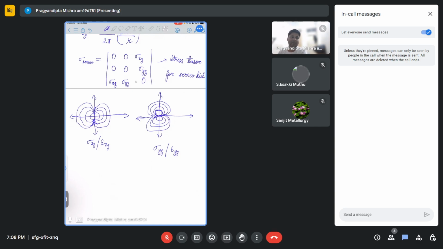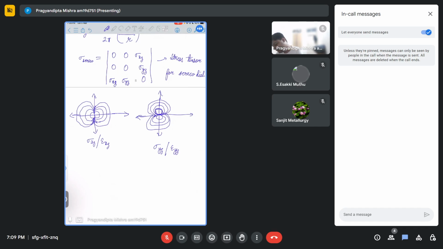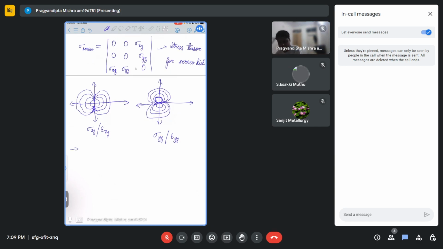The reason is that when we construct these stress or strain fields, we keep the Volterra construction in mind, and the Volterra construction is cylindrical in nature. However, we are representing the stress and strain fields in Cartesian coordinates. Therefore, they are non-symmetrical in Cartesian coordinates, because for a cylindrical object, if we represent them in cylindrical coordinates, we will see a symmetry. Okay, so this is something we can note down.